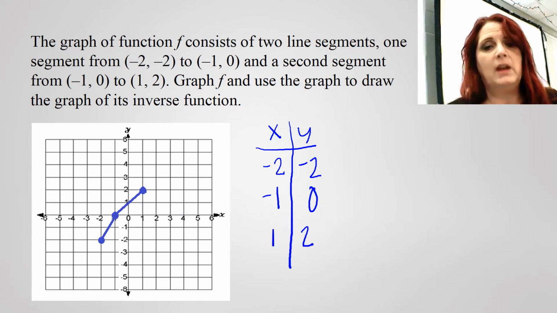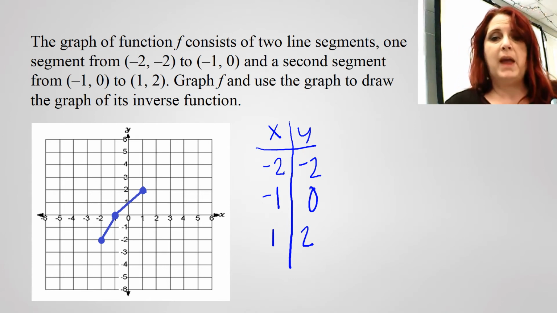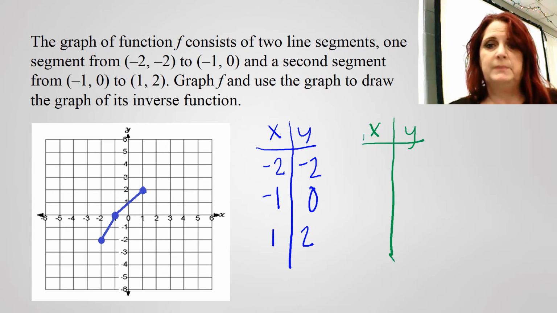For the inverse function, I can look at this and say, yep, it passes the horizontal line test, because it doesn't cross the graph more than once at any given time. So I'm going to do an XY table for my inverse, and I switch these places.